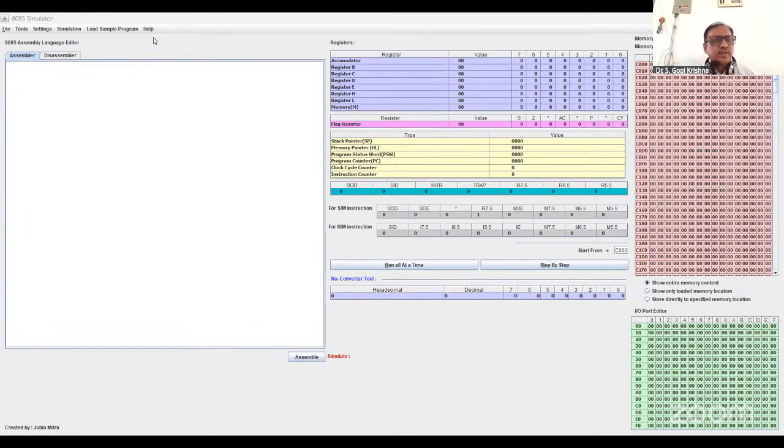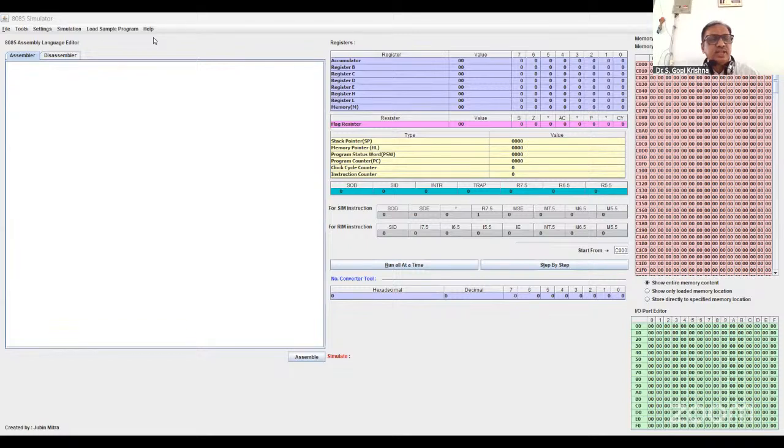So in 2050 the contents of the accumulator will be stored. Then, opposite to this, STAX RP, register pair: STAX B, STAX D, STAX H. These are the three possible instructions we can write.